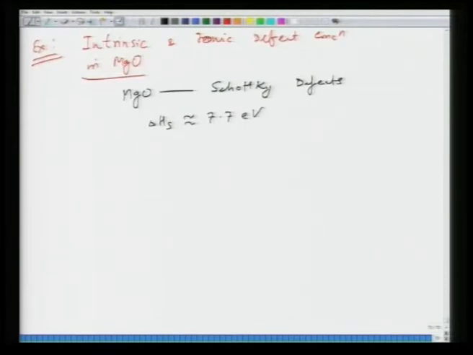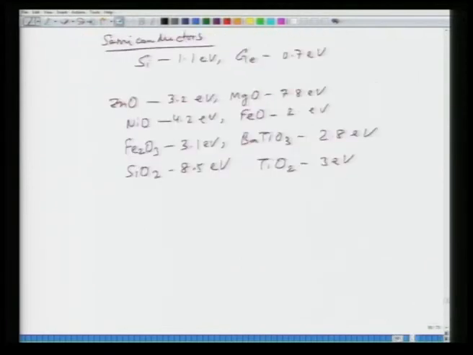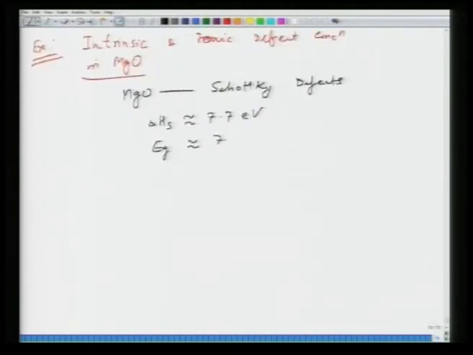The band gap Eg, as we saw earlier, is about 7.8 electron volt, and this band gap changes as you increase the temperature of MgO.